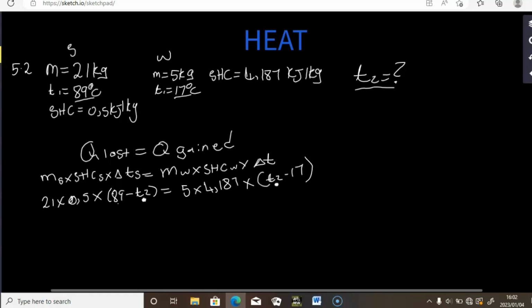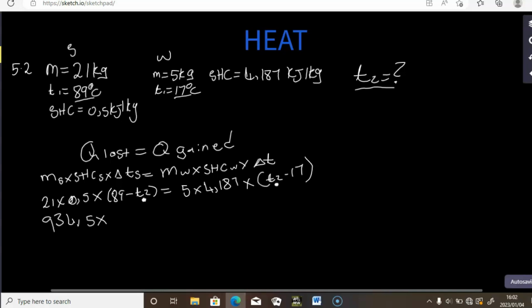So what we are going to do first is open this bracket. We are going to say 21 times 0.5 times 89. That will give us 934.5 according to my calculator.